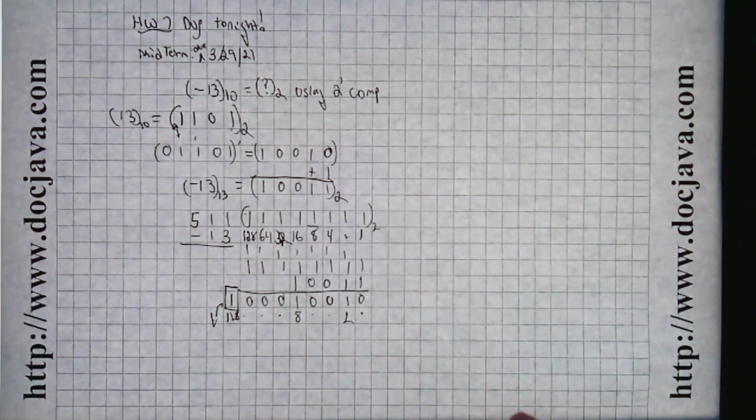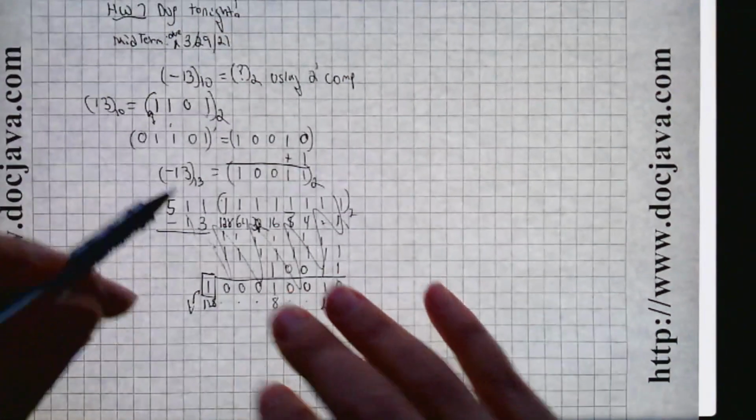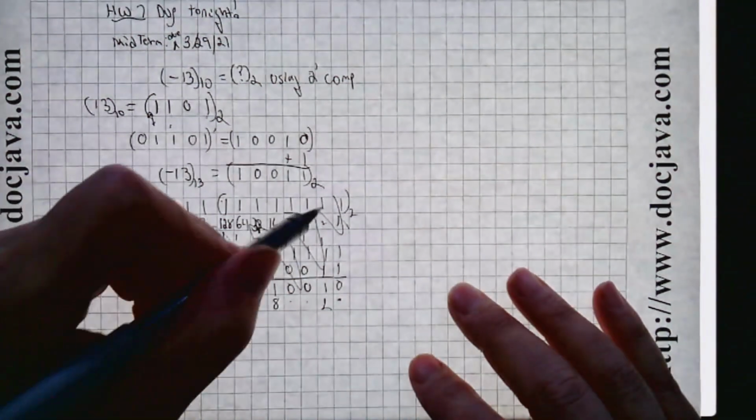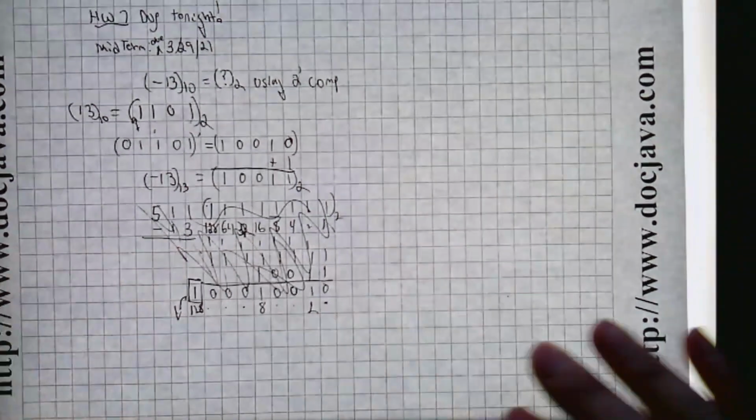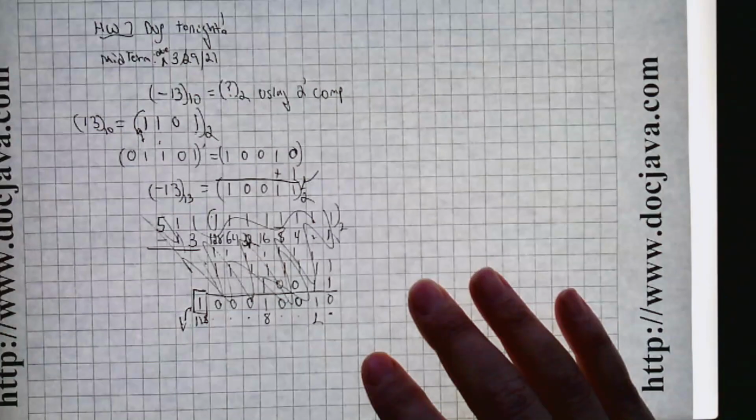So what does that come to? Look at a calculator. 128 plus 8 is 136 plus 2. Yep, 138. That sounds wrong. That's all kinds of wrong. This didn't come out right. I have to add an extra 0 to redo it. Forget that example. Pay no attention. Bad example. So anyway, I got the correct answer over in here from the test. So that's for the homework, so that should be all right.